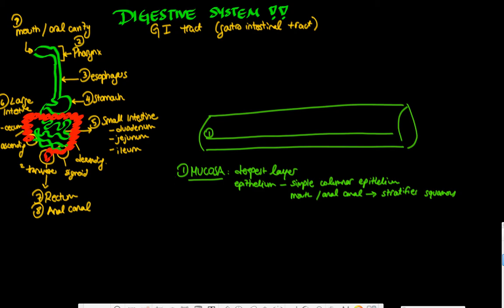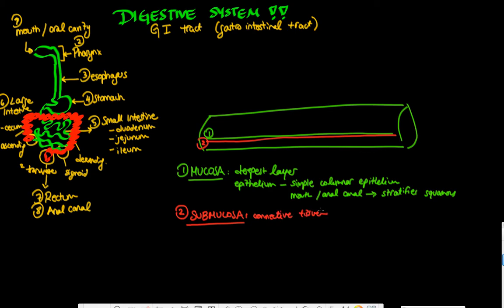So the second layer that is going to be located superficial to the mucosa is what we call the submucosa. And the submucosa is one layer superficial to the mucosa, and it is made of connective tissue.